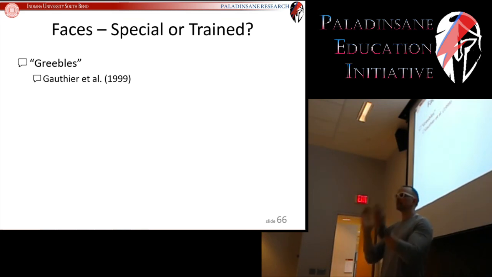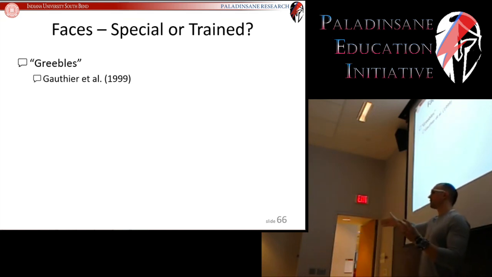So if you were to practice identifying something over and over and over again, could you get so practiced at it that your fusiform face area would become specialized for processing that as well? If your fusiform face area changed because of your training on these Greebles, then that would indicate that it's just for trained stimuli, and we just happen to train ourselves on faces a lot. On the other hand, if you could train yourself on these Greebles and your fusiform face area stayed dedicated towards faces, that would be an indication that it's specialized for faces and nothing else.